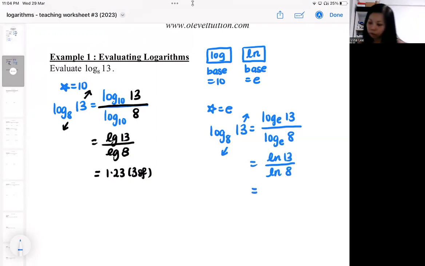Again, you punch the calculator, and it should give you the same value. No matter whether you decide to change to base 10 or base E, you will get the same value. That's one of the uses of change of base. It helps us evaluate any log that we want, instead of just log base 10 and log base E.